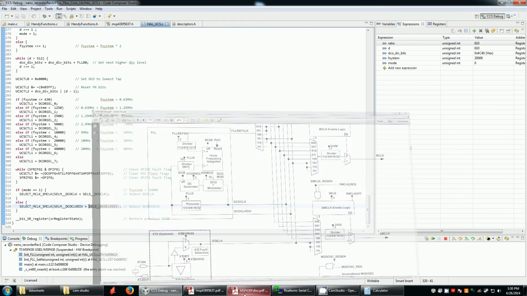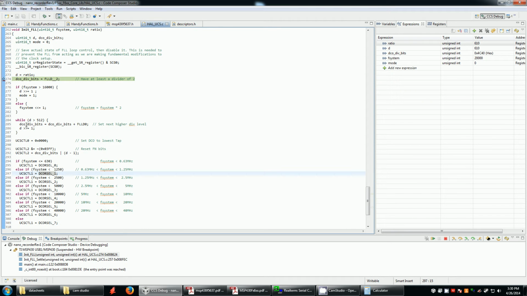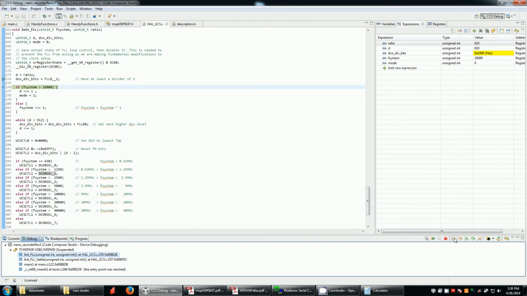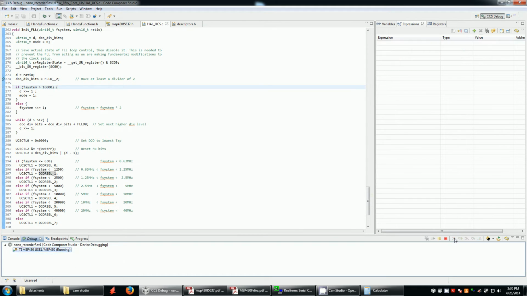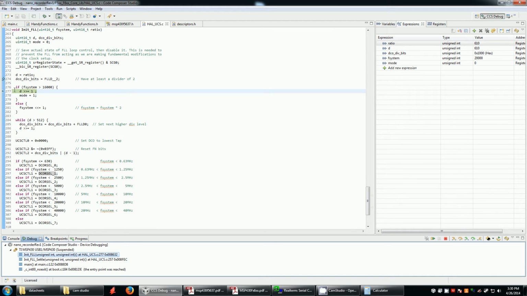And that's what the mode bit's used for in this if statement. And there's the mode, so since we're greater than, we're going to step into that. Let's see, we'll set mode equal to 1. See, we're greater than 16 megahertz, 20 megahertz.